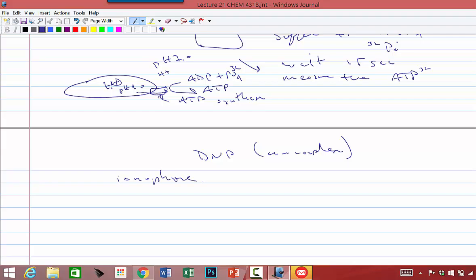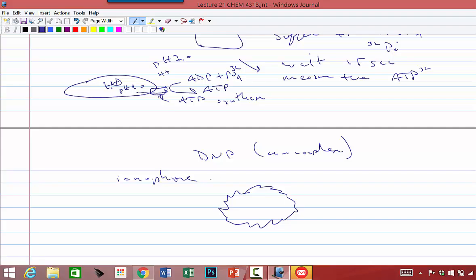What are these ionophores? These ionophores are organic molecules. They have kind of a cage-like existence. And what happens is that they can trap ions of a certain size inside them, and they can transport these ions into or out of or across membranes.